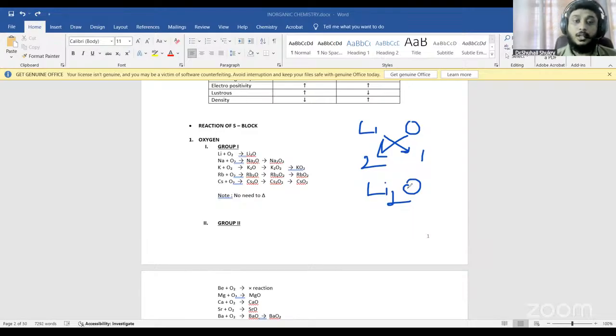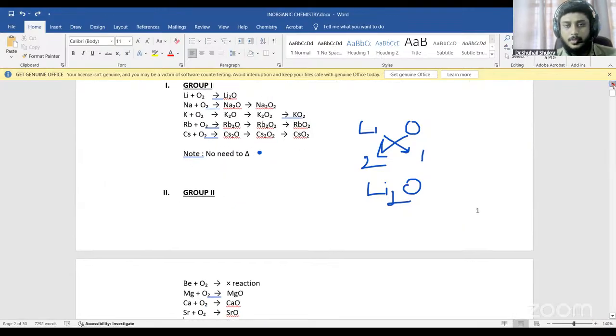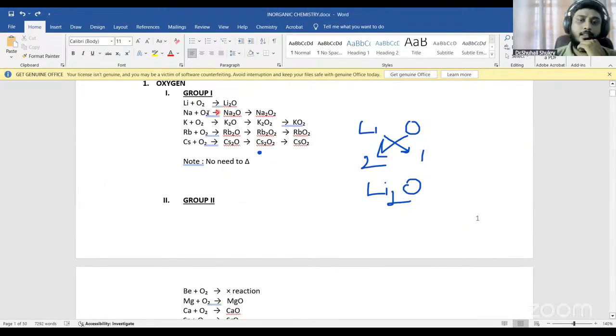But remember, normally group 1 elements are highly reactive with oxygen. Therefore, lithium will stop at the oxide. But what will happen with the others?